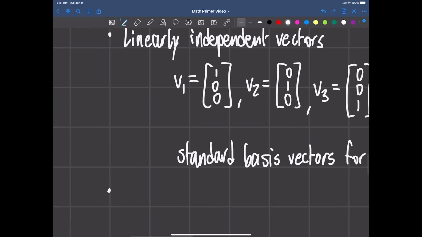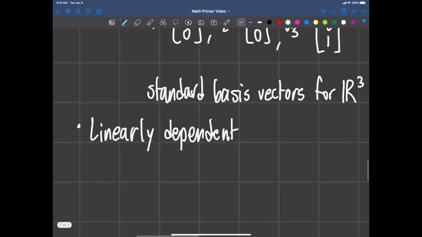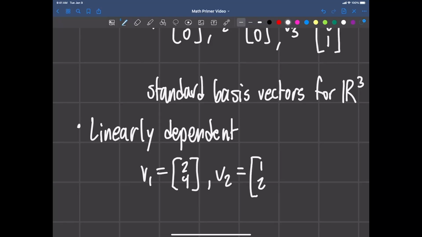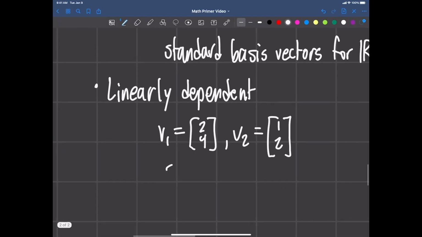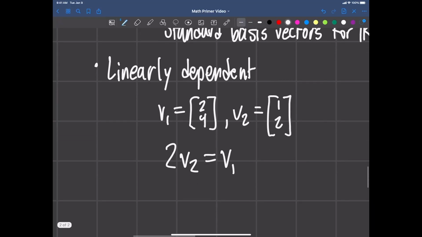And some examples of linearly dependent vectors are if v1 is equal to (2, 4) and v2 is equal to (1, 2). 2 times v2 is equal to v1, which means these are linearly dependent.